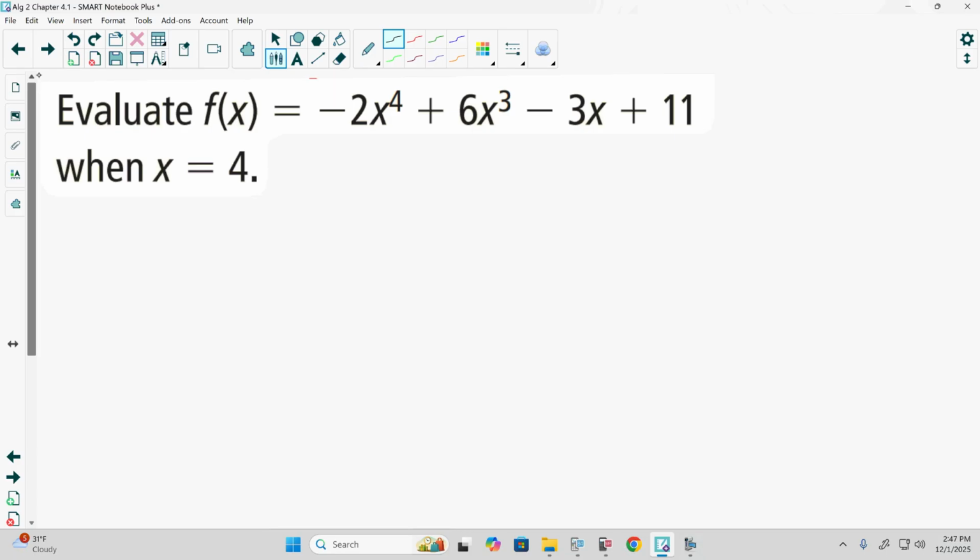Let's do one more. Negative 2 times 4 to the fourth plus 6 times 4 cubed minus 3 times 4 plus 11. There it is.